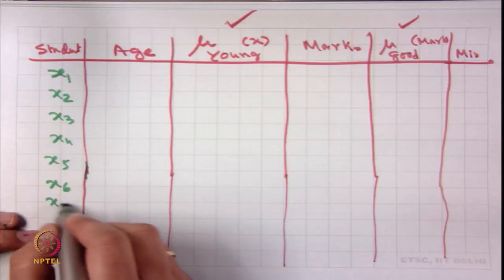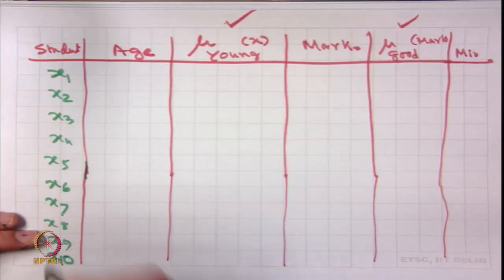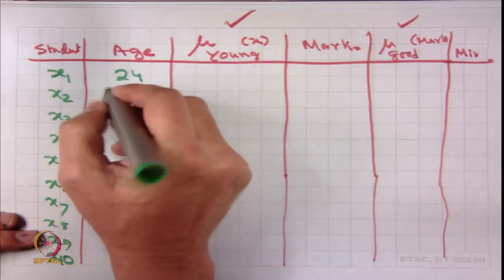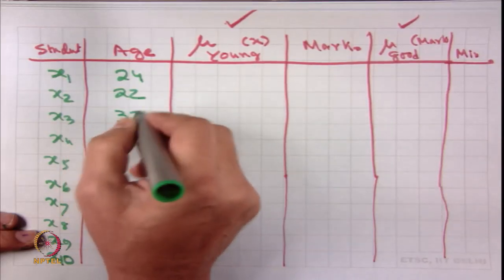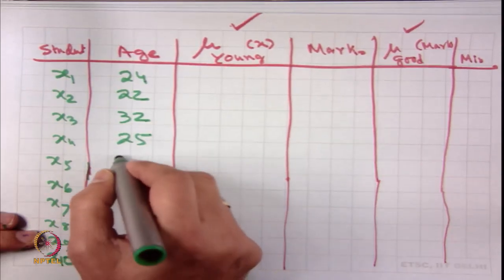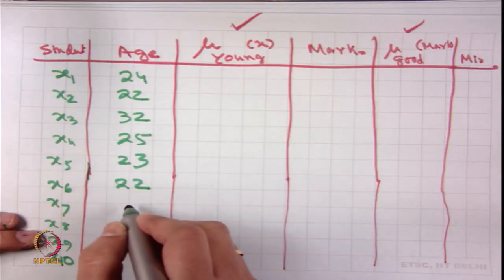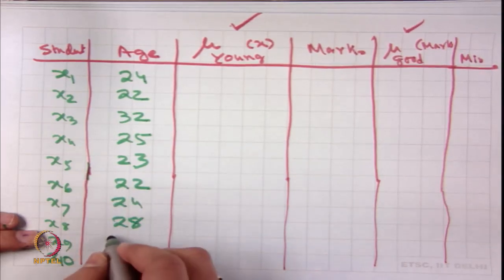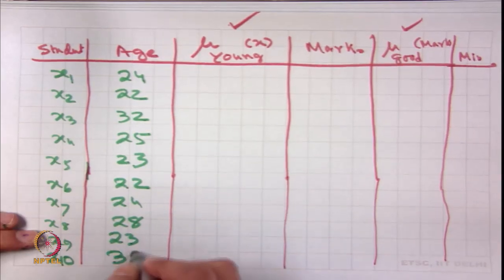and suppose their ages are 24, 22, 32, 25, 23, 22, 24, 28, 23 and 30.